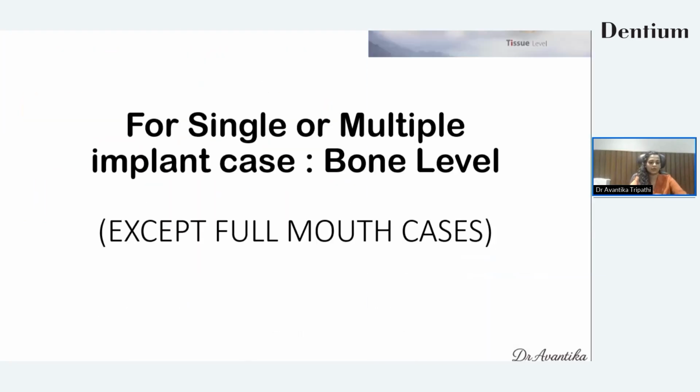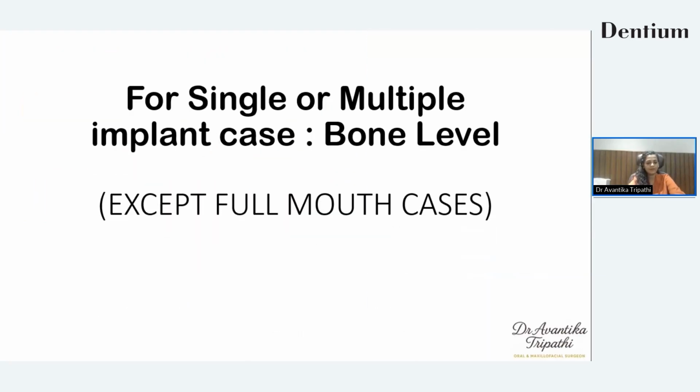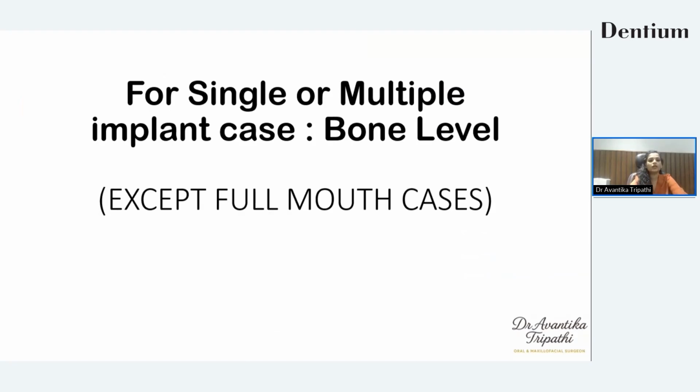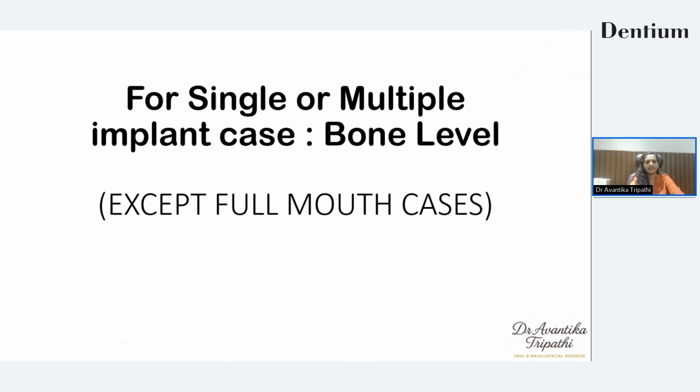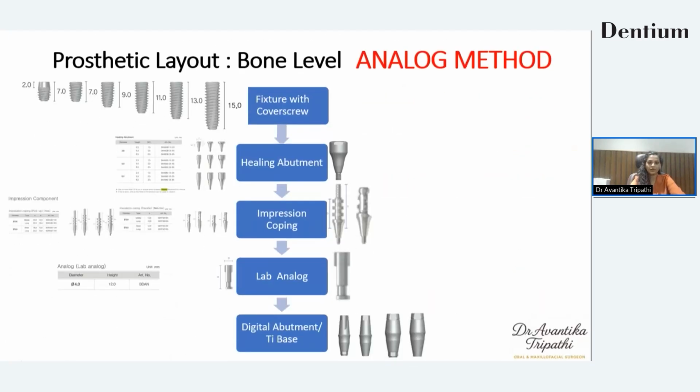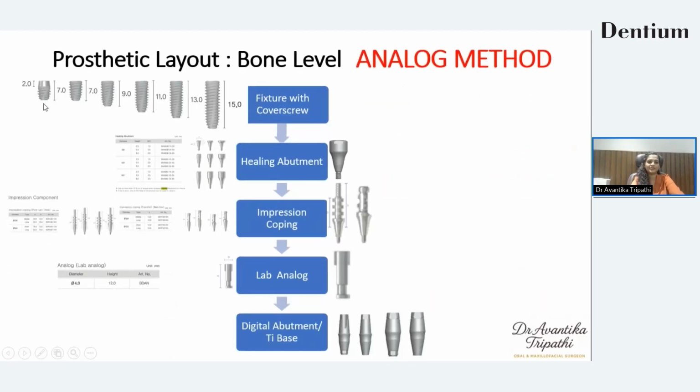In conclusion, if we see the entire prosthetic workflow step by step, if I need to do a single or a multiple implant case, except full mouth cases, then first of all, I need to place the fixture with the cover screw or with the healing abutment.